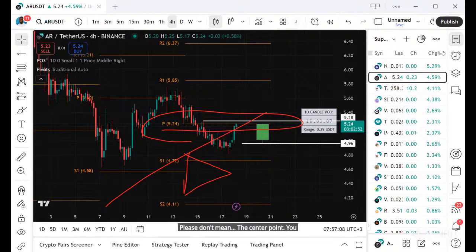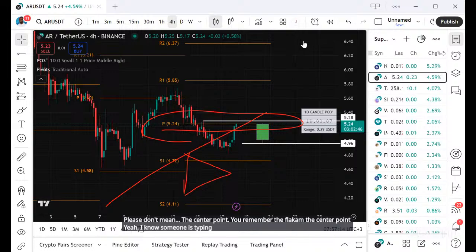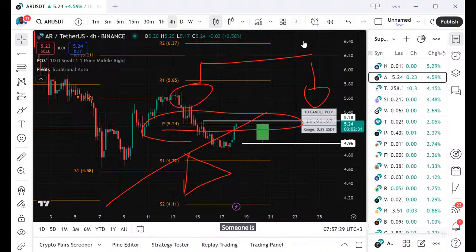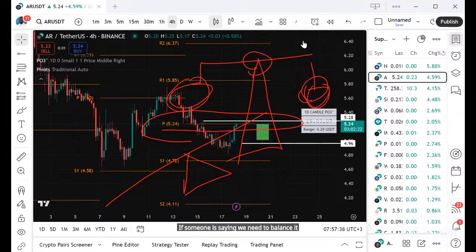You remember the fulcrum, the center point? Yeah, I know someone is typing. When it gets to Easter season, I don't know what happens to this religion of mine. They are always thinking the other side. I don't mean those things of yours that you balance. Someone is typing it in the chat. Please, not yet time. The center point. Basically, it is everything.